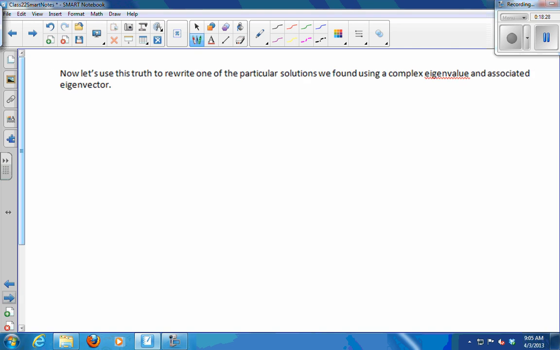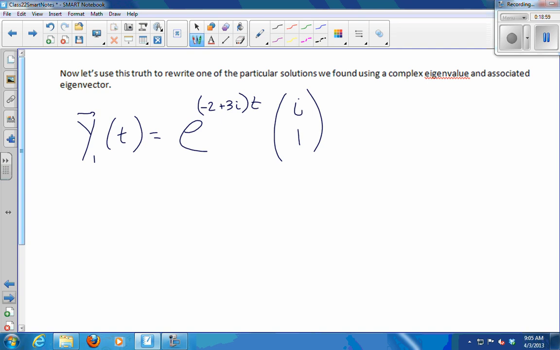All right, so now we're going to use that new truth that we derived to rewrite one of the particular solutions we found. We actually only found one because I stopped us to save a little time. So my particular solution was y1 of t equals e to the lambda t v, e to the (-2 plus 3i)t, and my vector was (i, 1). I want to use this to rewrite my solution.